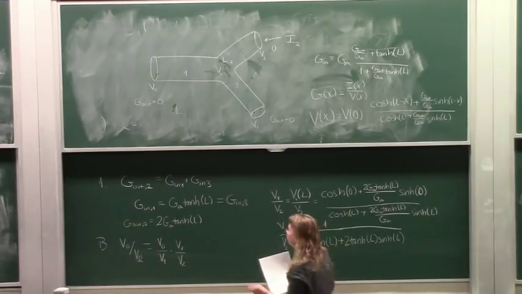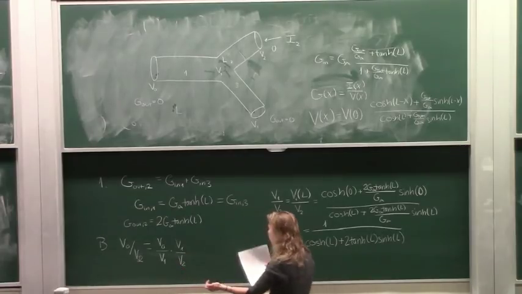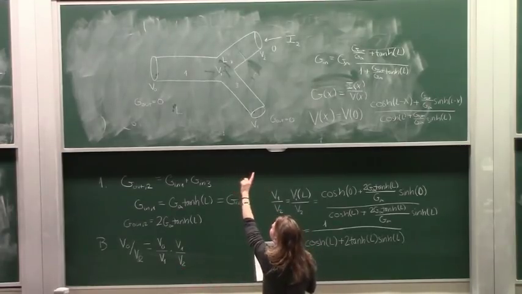So we have V1 over V2. Now we're looking for V0 over V1.